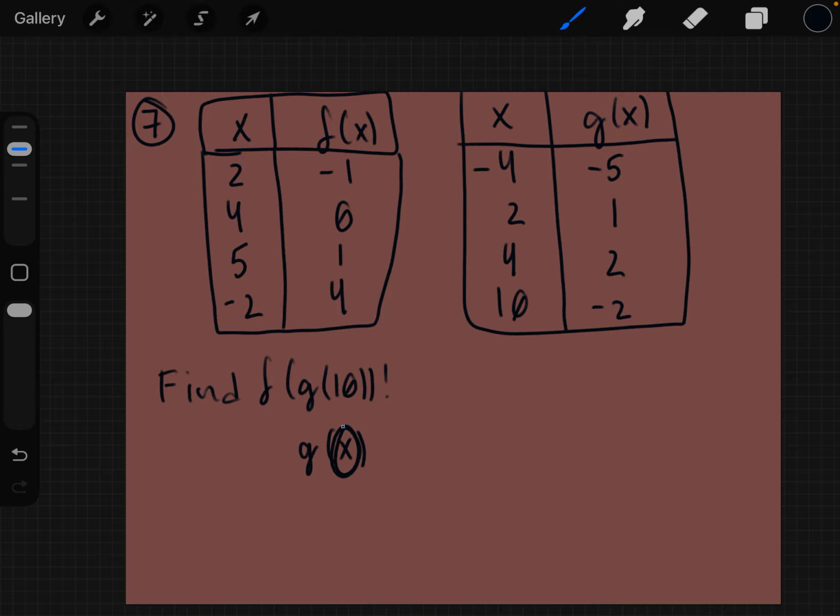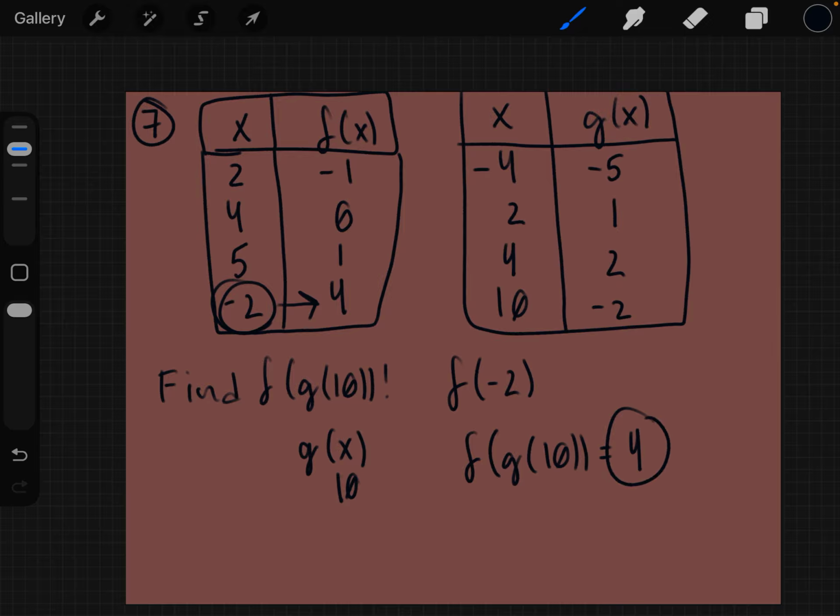So we want to look for the x value, which is 10. So we want to be on this side. So 10 is right here. And when 10 is the x, g of x is negative 2. So then we've got f of negative 2. Negative 2 is 4. So f of g of 10 is equal to 4. Okay?